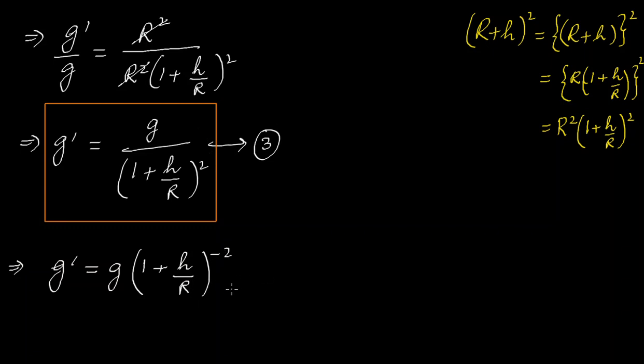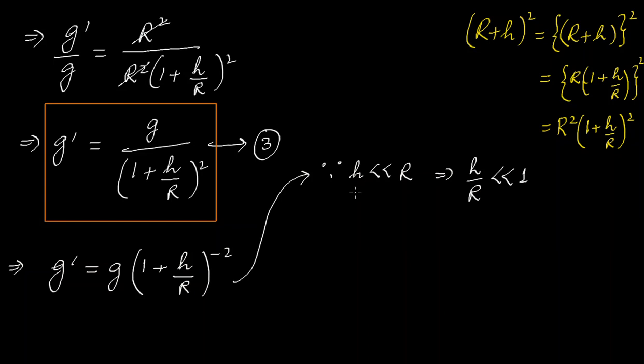Do you agree that this h is very, very small compared to the radius of the earth? Since h is very, very small compared to the radius of the earth, this implies that h by r is very, very small compared to 1. Yes or no?